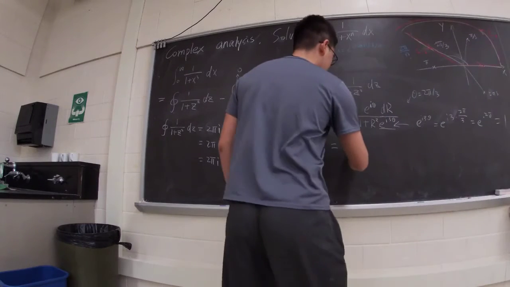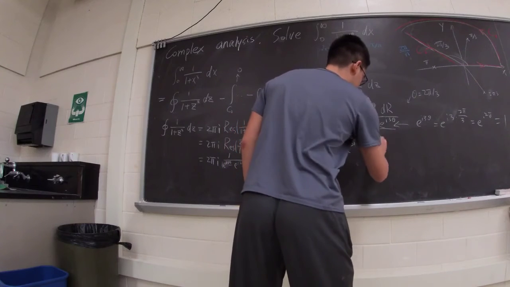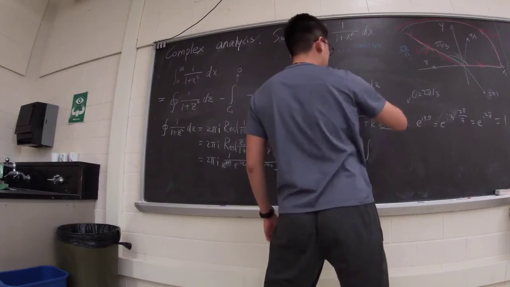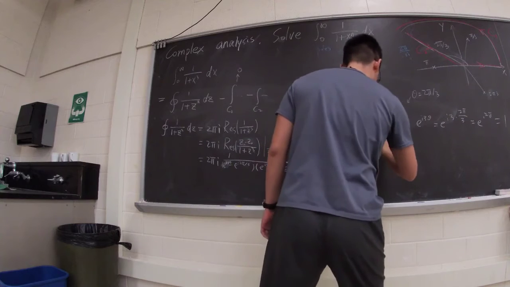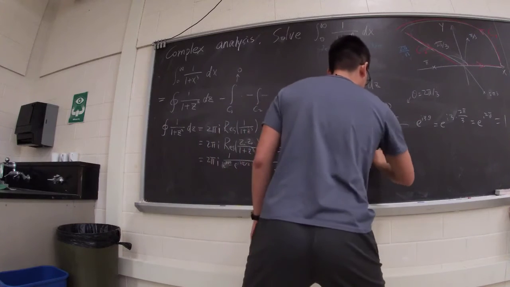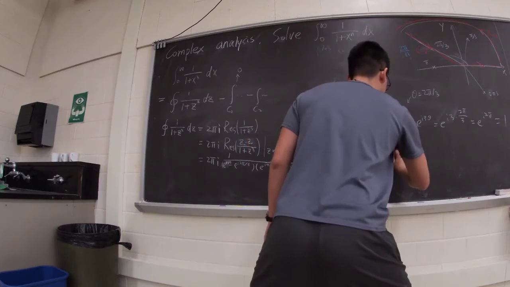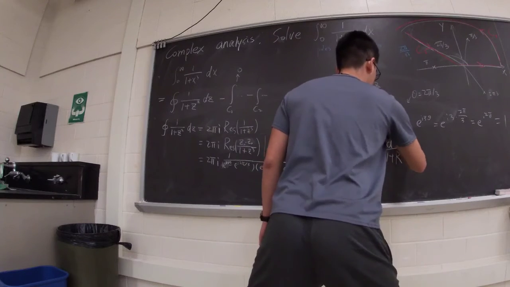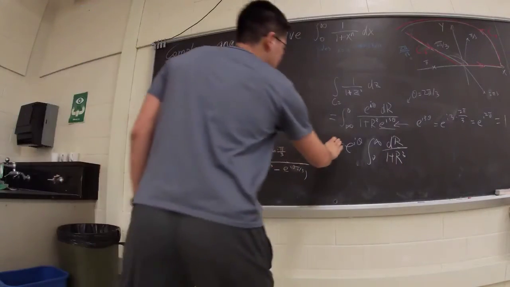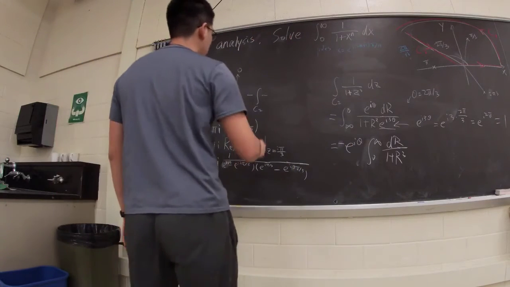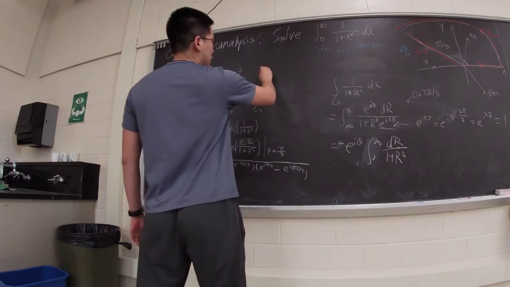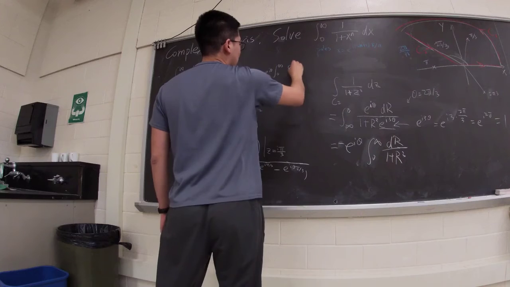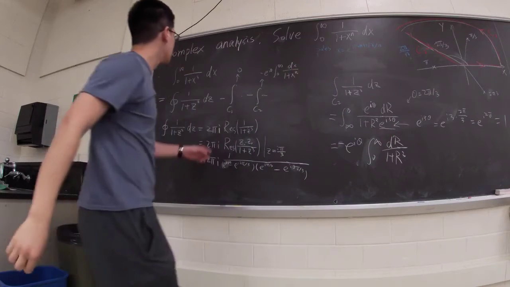Then we end up having e to the i theta, infinity to 0, so you can change it to negative 0 to infinity of dr over 1 plus r cubed. There's a negative here, so it becomes negative e to the i theta, integral from 0 to infinity of dx over 1 plus x cubed. So it's the same thing.